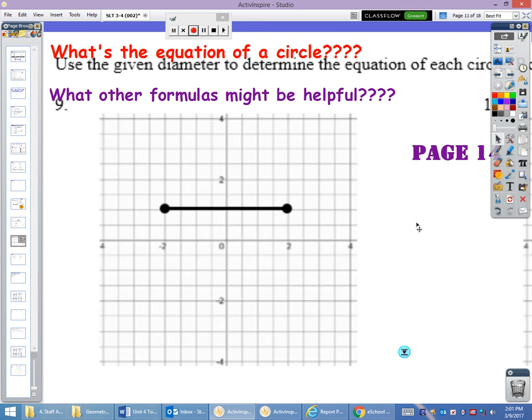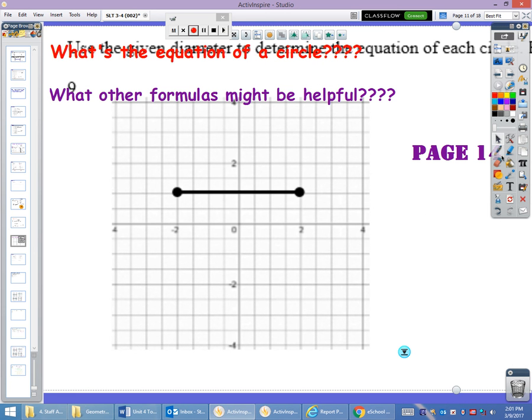All right. So to find the midpoint, again, you could just count. I'm doing this one kind of the long way. This point right here is at (-2, 1), and this right here is at (2, 1). To find the midpoint, I'm going to average the two x's. -2 plus 2 is 0, divided by 2 is 0.